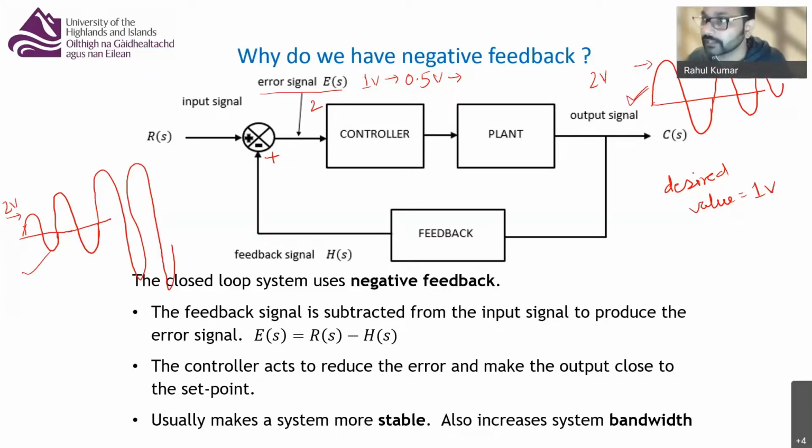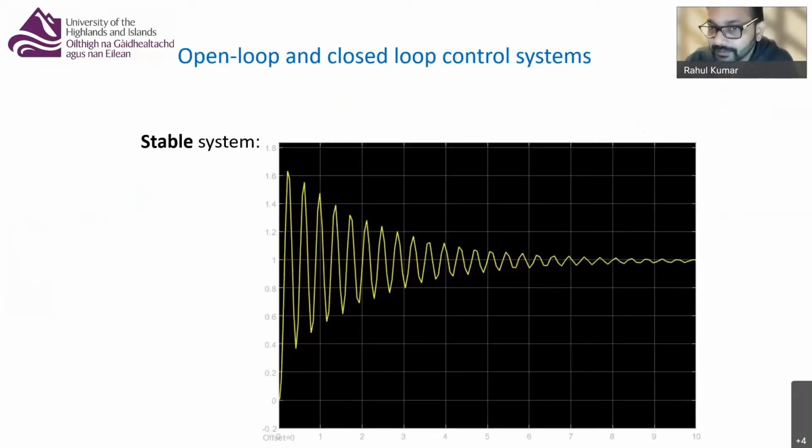And we want our error to reduce so that finally, maybe after 2 or 3 runs, the error will gradually reduce and I will get a stable output around my desired value. Okay, so that is why we prefer to have negative feedback. For example, a better picture is this.